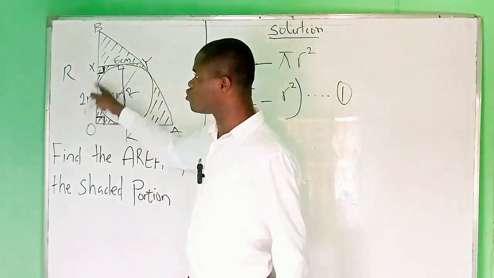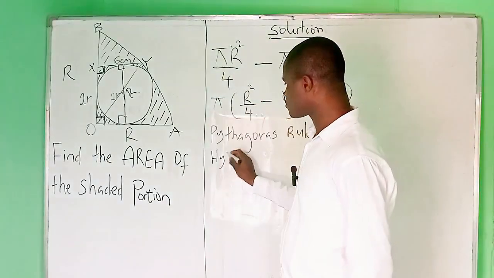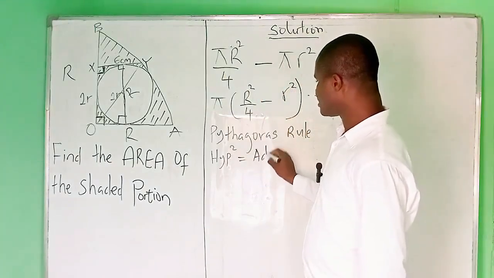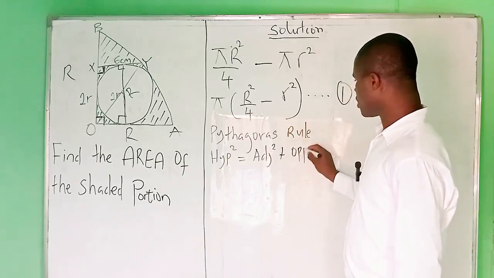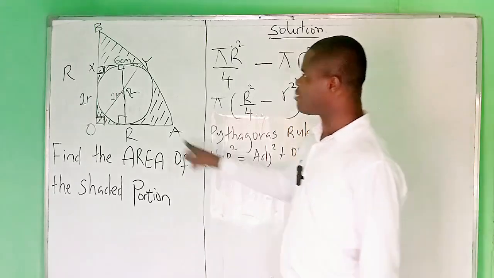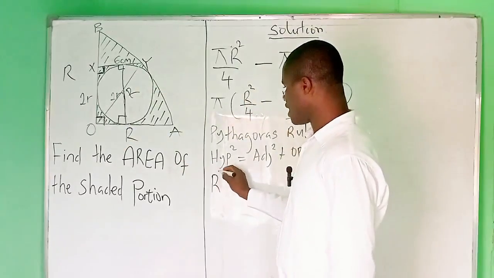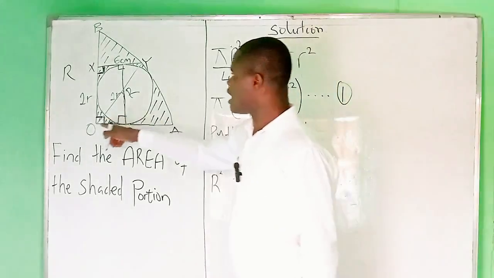So if this is a right angle triangle, it follows the Pythagoras rule. It states that hypotenuse square is equal to adjacent square plus opposite square. So what is our hypotenuse? OY, which is big R. Big R square is equal to, what is our adjacent?